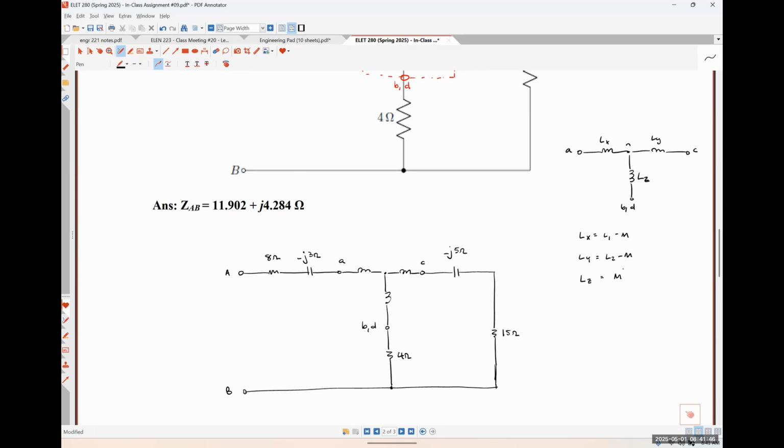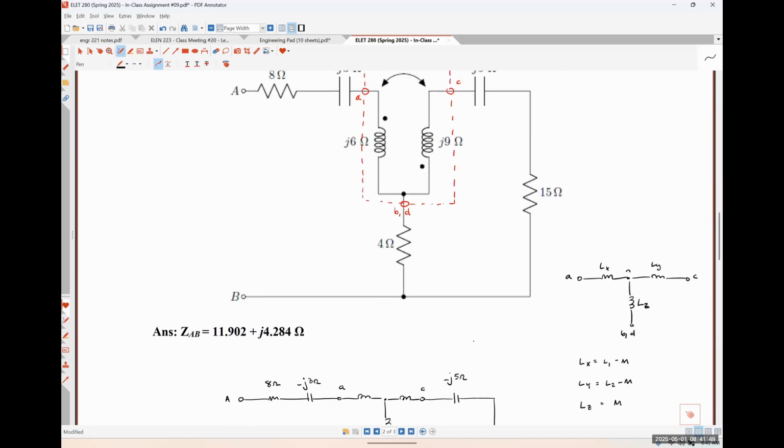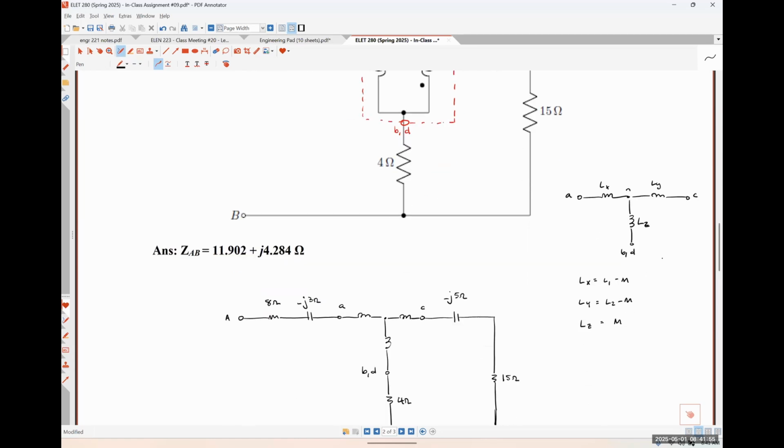What do we do when the dots are on opposite sides, like the situation that we're given? Flip the sign on M, okay? So instead of having L1 minus M, this is going to look like L1 plus M, L2 plus M, and then that'll look like negative M, okay?